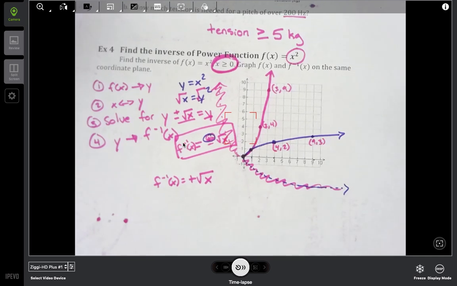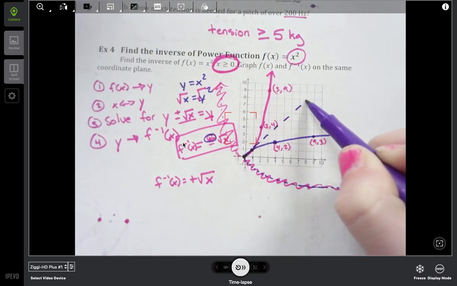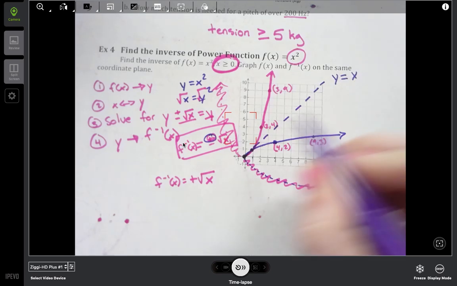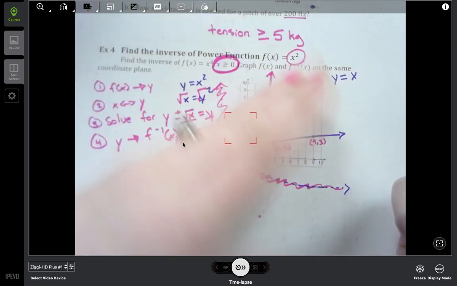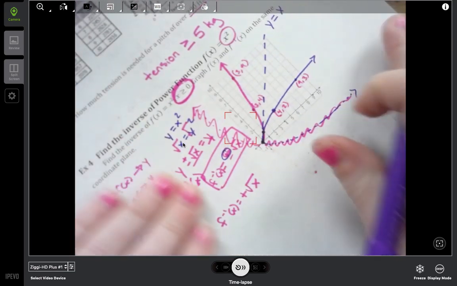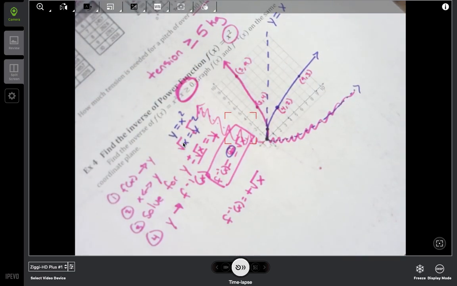So back from inverses, when we have that really wonderful magical dotted line y equals x, this is just a reflection of the original over that line. Okay, if I turn my paper even to make that straight up and down, it's exactly perfectly across the line from that.